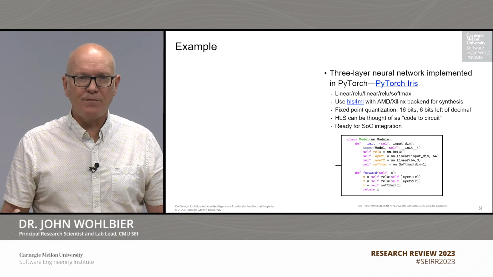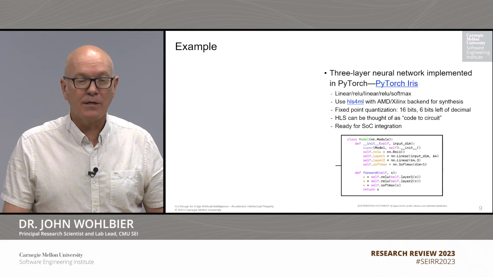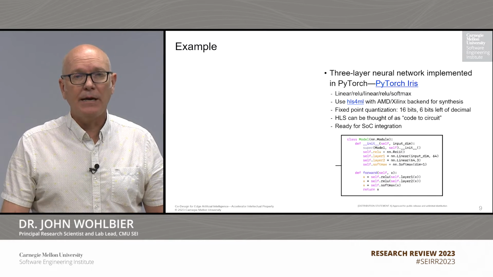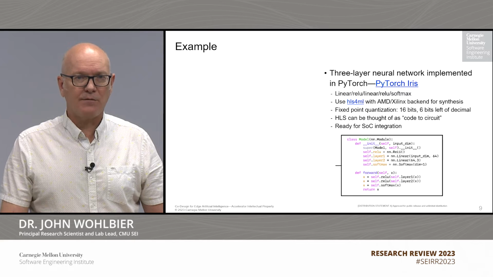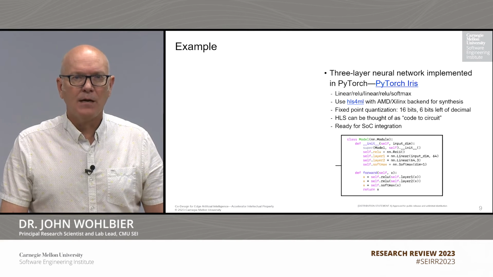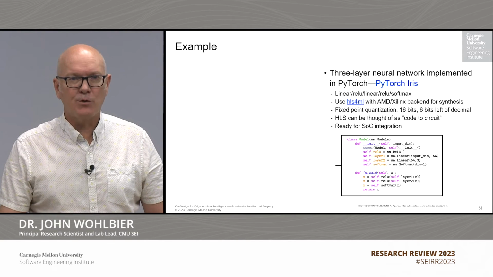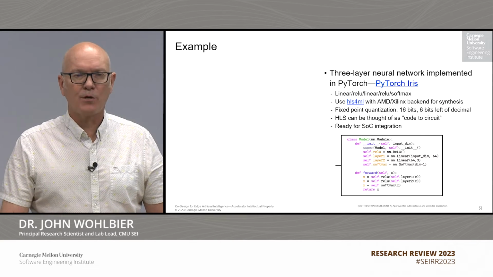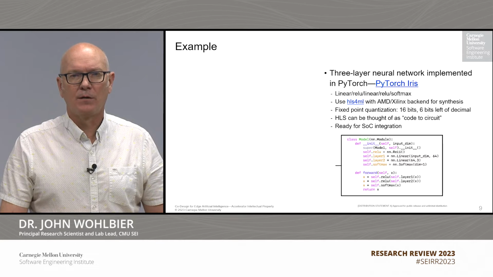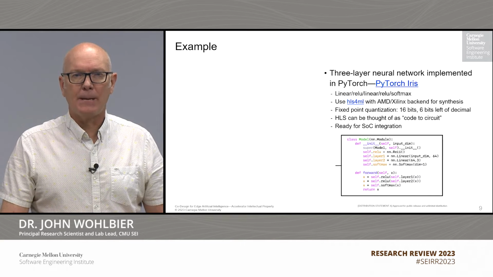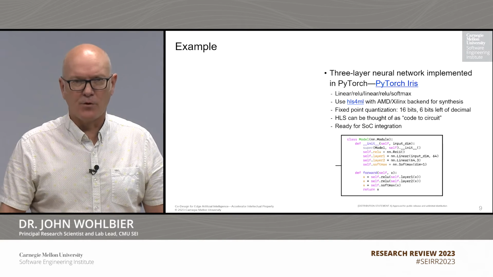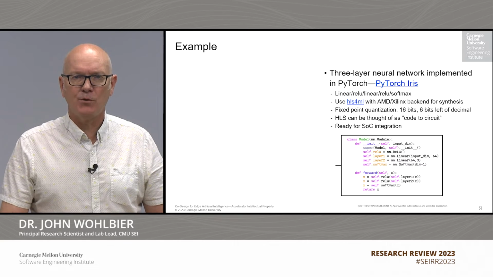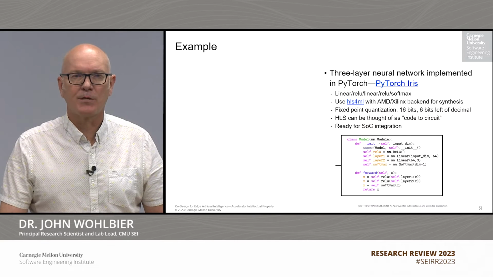So what we do is we feed this neural network to a tool, in this case called HLS for ML. That's high-level synthesis for machine learning. This is an open source tool that you can find on GitHub that works with PyTorch and TensorFlow to lower your Python neural networks to circuit design, hardware description language.